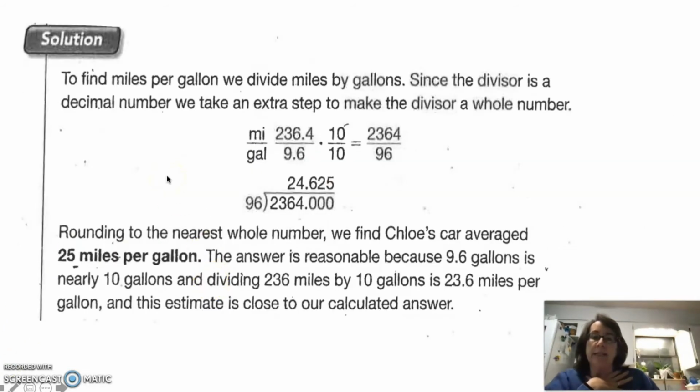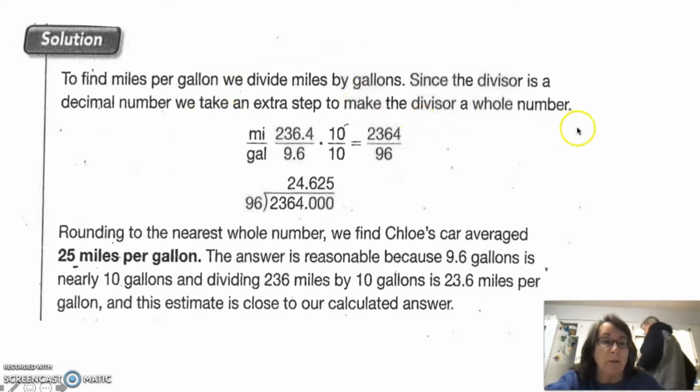So here is the solution. To find miles per gallon, we divide miles by gallons. Since the divisor is a decimal number, we're going to take an extra step to make the divisor into a whole number. So here we're dividing by 9.6, so we're going to multiply both the numerator and the denominator by 10 to slide this decimal over 1 and slide this decimal over 1.